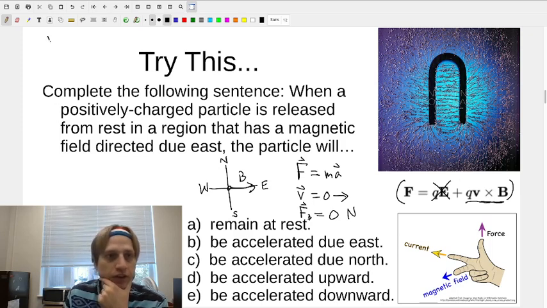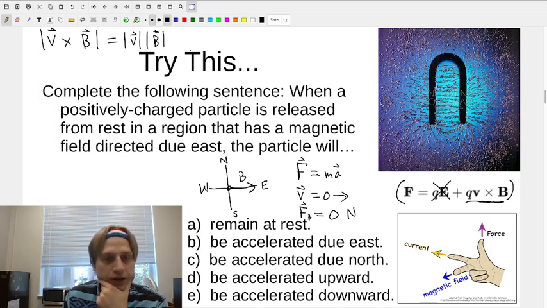Remember, V cross B, these are vectors. But if you want to find the magnitude of that, it's going to be the magnitude of V times the magnitude of B times the sine of the angle between the two. Okay, so if that sine is 0, remember, sine looks like this.